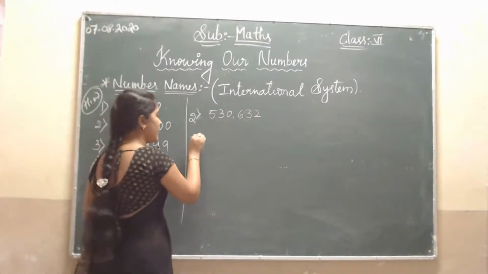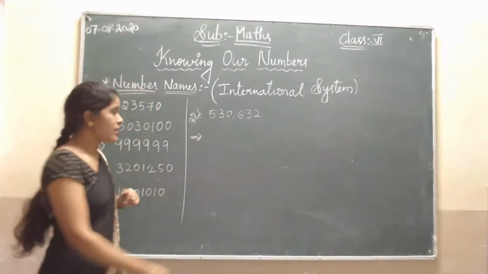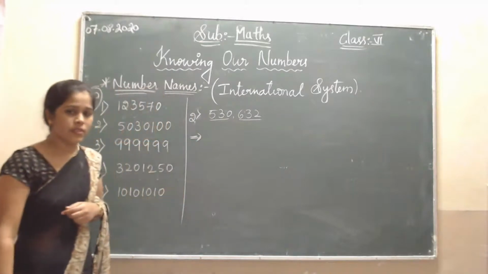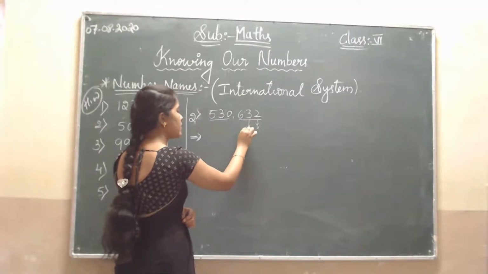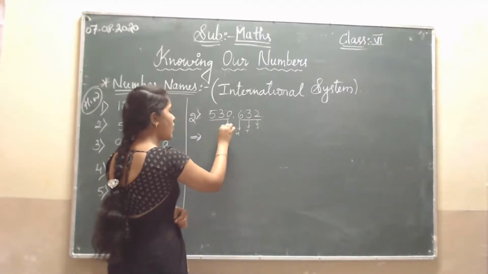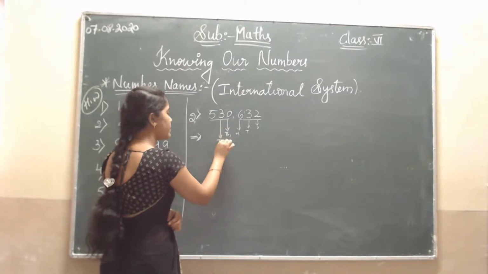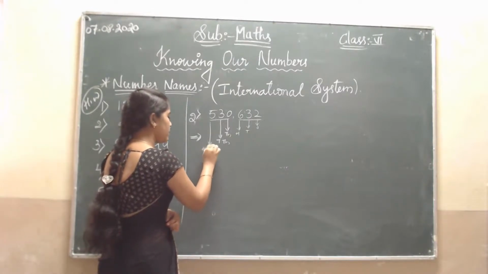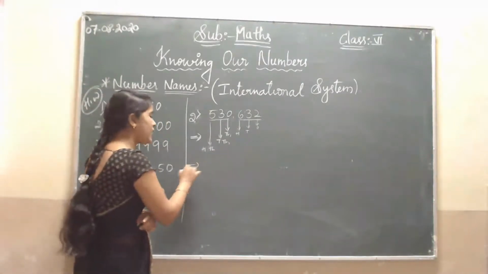Afterwards, later we will see greater numbers. See here, this is international, so we are grouping three digits. Okay. Here, ones, tens, hundreds, 1,000, 10,000, 100,000. Okay.